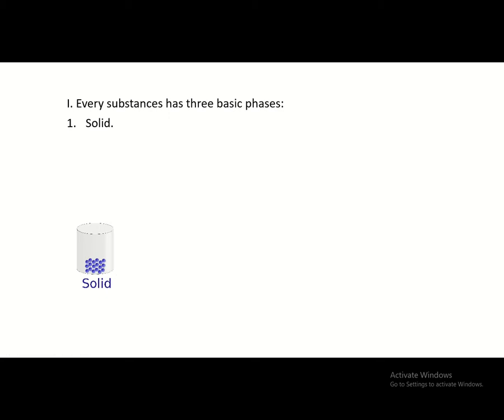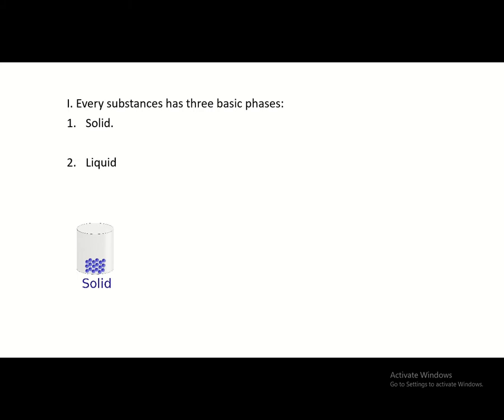There's very little distance between them. As a result, we can conclude that the connection between them is very strong. It's very hard to break them into pieces. So once we want to move a substance in a solid state, it becomes very hard. If we want to move it, we need to move it as a whole thing.